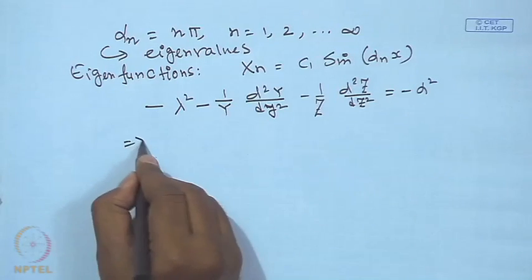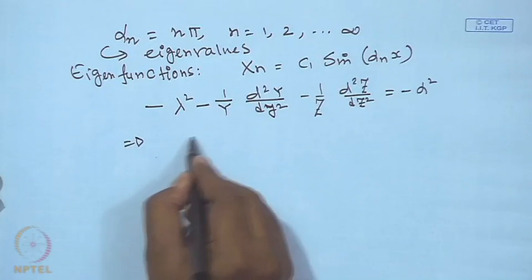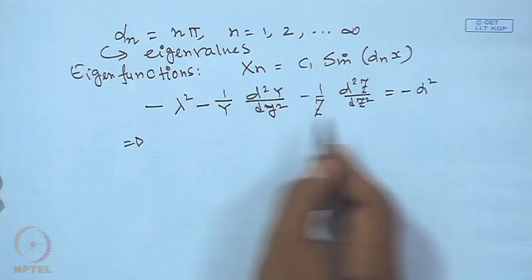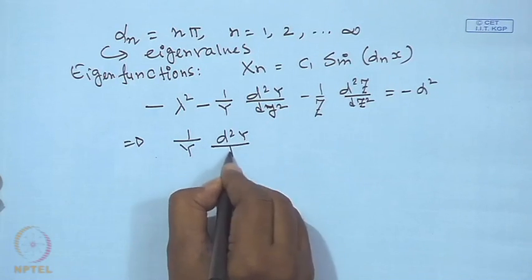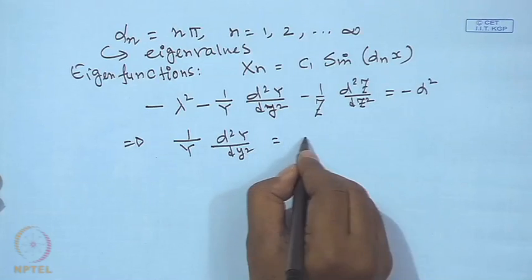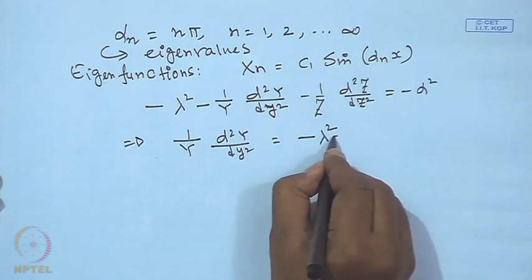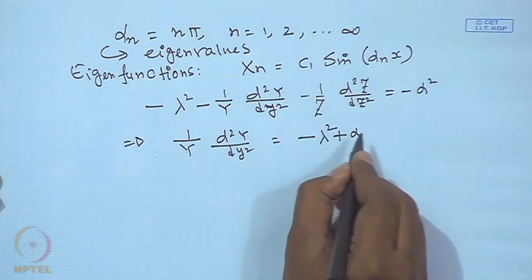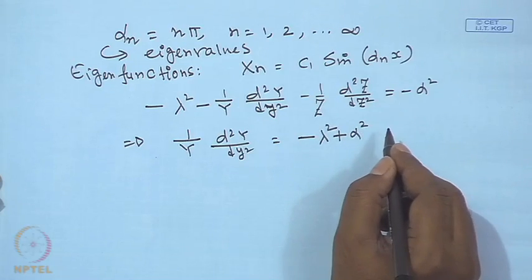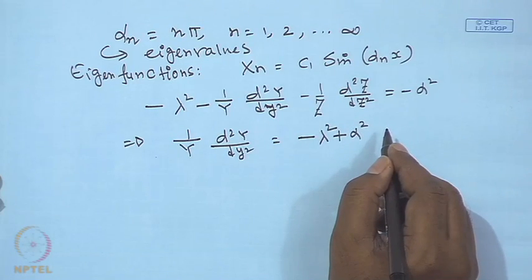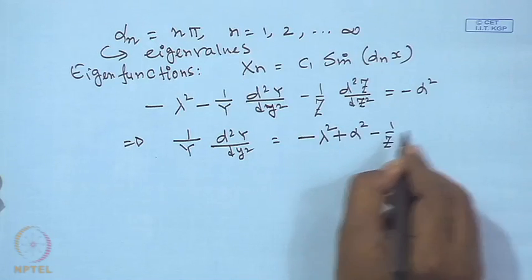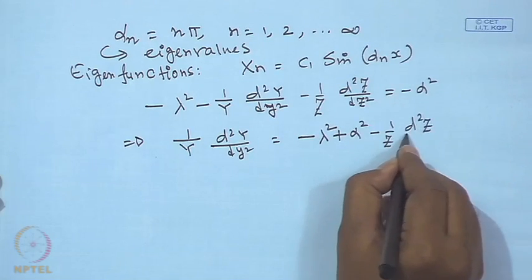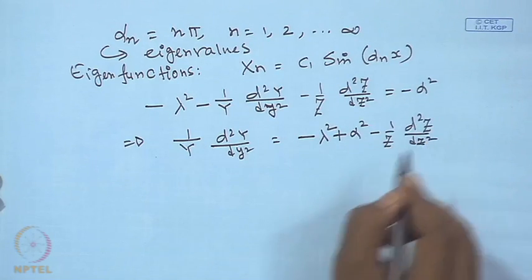So, therefore, we take it on the other side. So, 1 over y d square y dy square should be minus lambda square plus alpha square minus 1 over z d square z dz square.